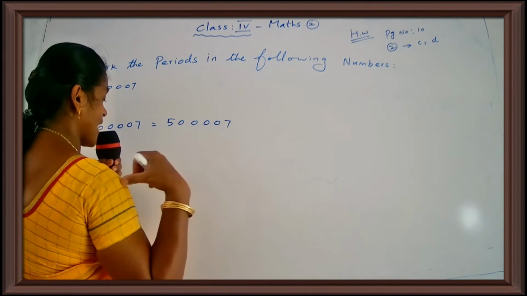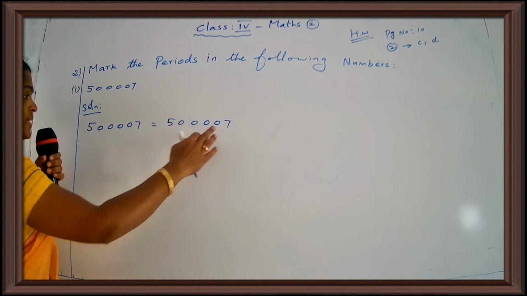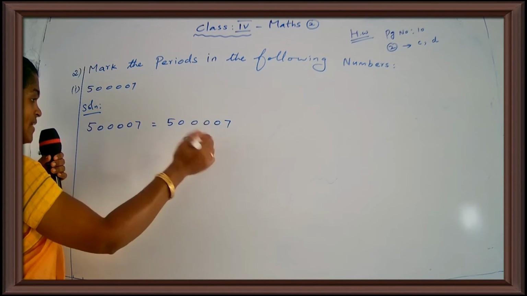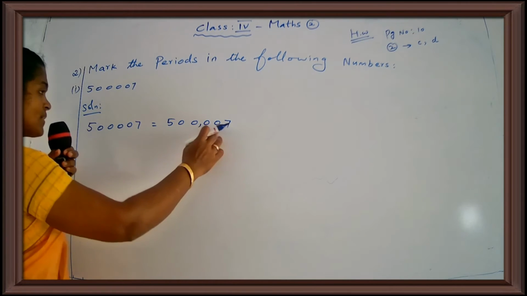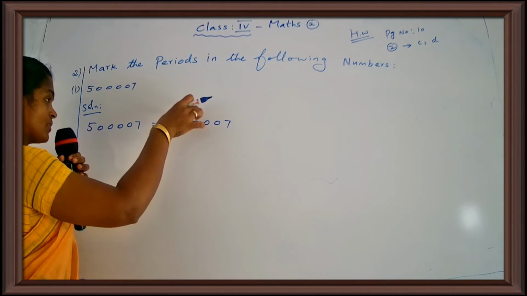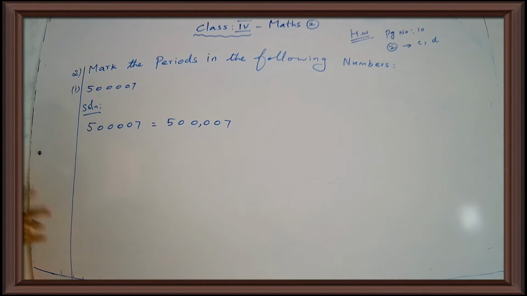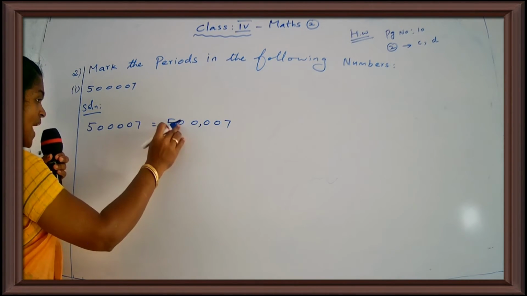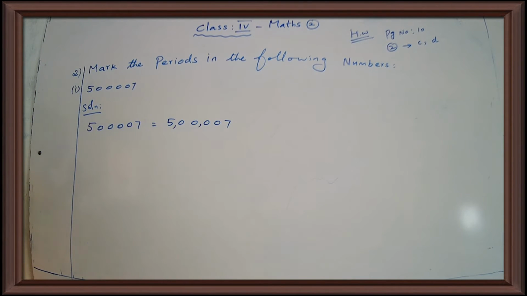Ones period consists of three places: ones, tens, hundreds. So after hundreds you put one comma. Then after that, the thousands period. Thousands period, how many places? Two places. So after thousands and ten thousands, one comma. So you marked. Okay. So your question is to mark the periods. The number is given.